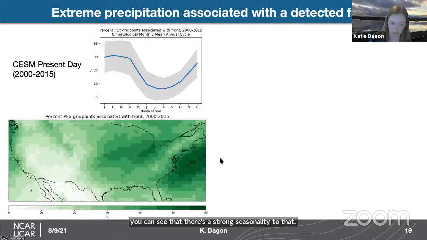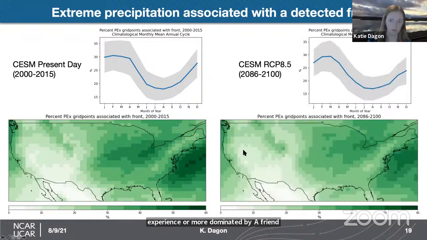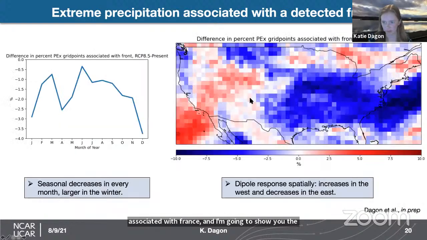If we look spatially, we can also see some differences where there's certain regions of the US where the precipitation extremes are more dominated by a front. Then we can also compare to the future climate simulation, where we still see that strong seasonality, but possibly a decrease in the precipitation extremes associated with fronts. And I'm going to show you the difference plots to make that a little bit clearer before I wrap up.